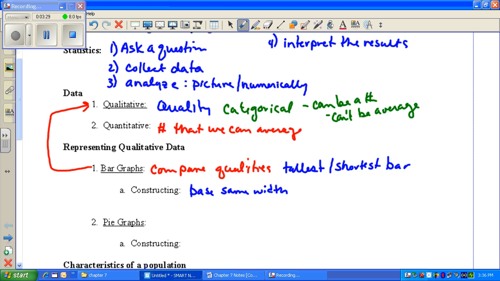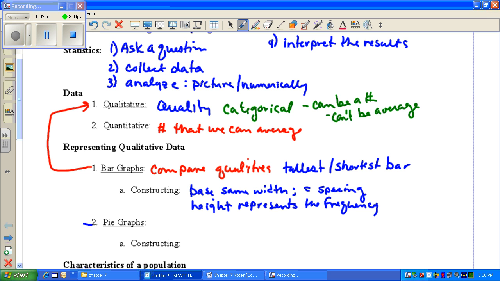So the base must be the same width. There's going to be equal spacing between the bars. And just remember this, the height of the bar represents the frequency. Now frequency is how frequent, how often.